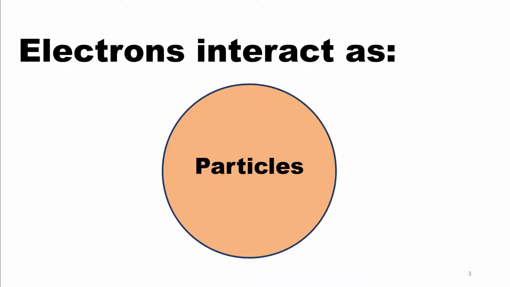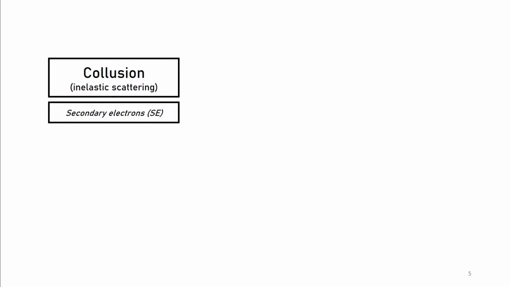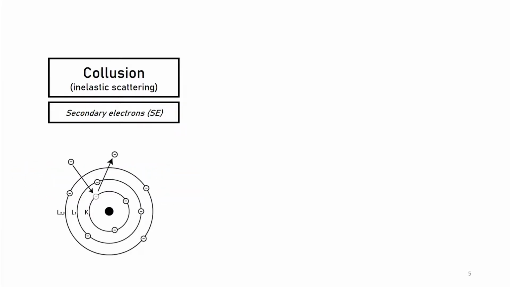And how do these electron particles interact with our sample? Well, our sample consists of electrons as well. That means we kind of play pool here. Therefore, the first interaction we will experience is collision.